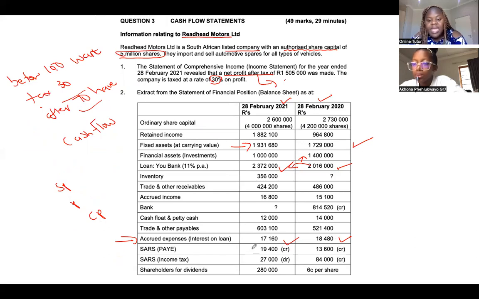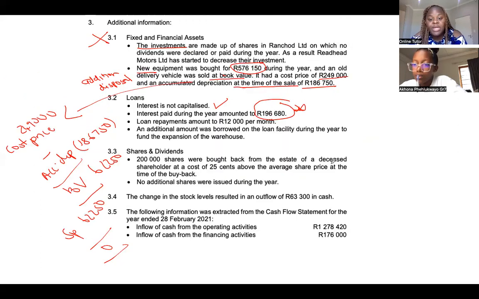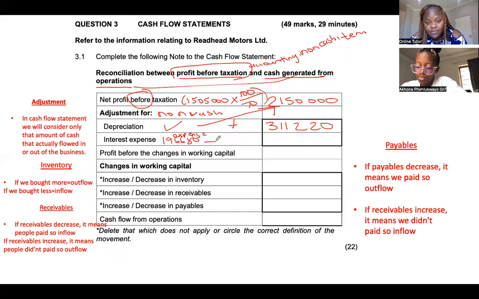Yes. And our opening was 17160. So do you agree with me? We are going to minus 18480 because it was last year's balance. And we're going to add this year 17160. What do you get as now your interest expense for the year, your actual expense?